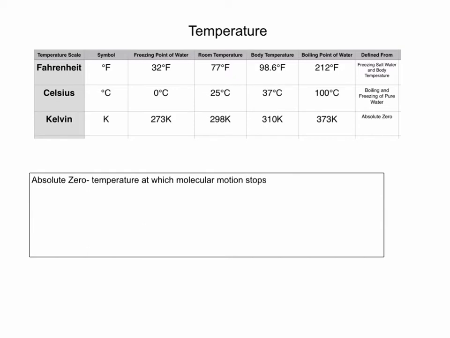Remember, as the temperature decreases, particles move more slowly. And in Celsius, this point is reached at negative 273 degrees Celsius.